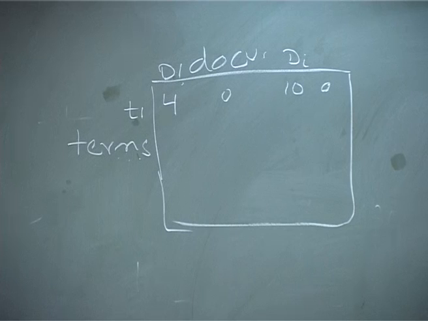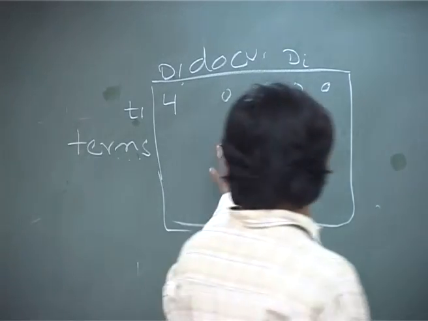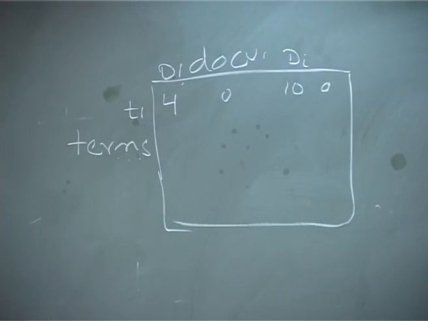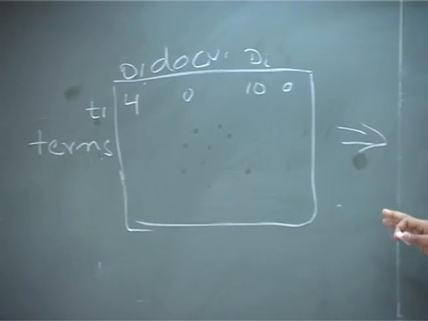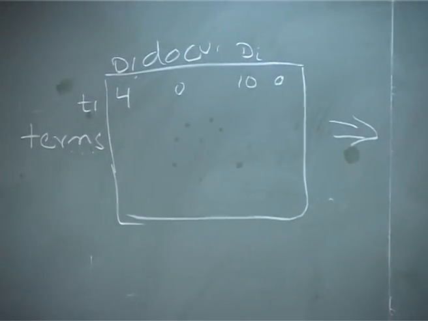For a search engine, these matrices are very large. It may be around 1000 cross 1000, maybe more than this. So to store these types of matrices, they have to store them in some reduced form structure.